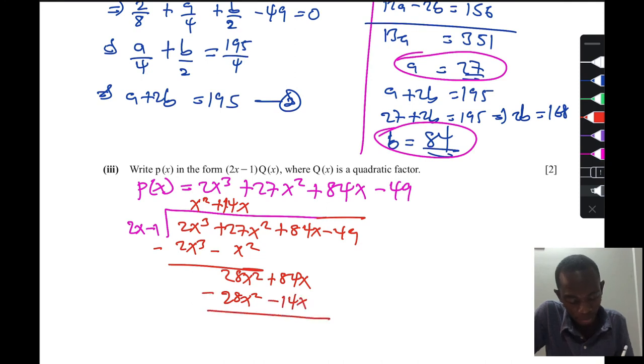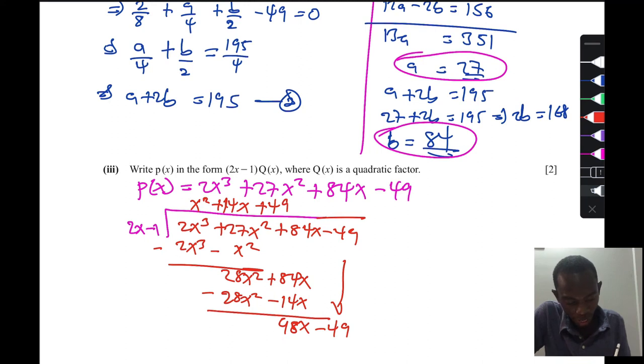Subtract. The first part is 0, then we have 84 plus 14, and that is 98x. Then finally, we bring the negative 49 down, and 2 goes into 98, 49 times.